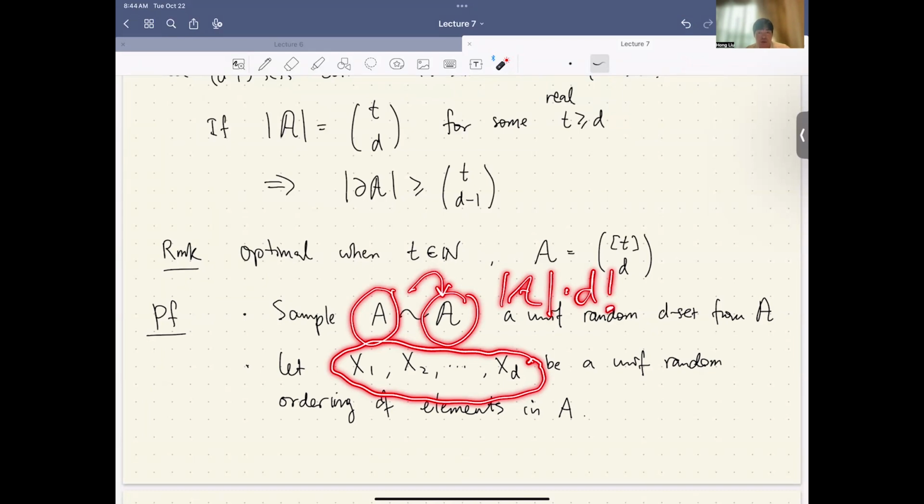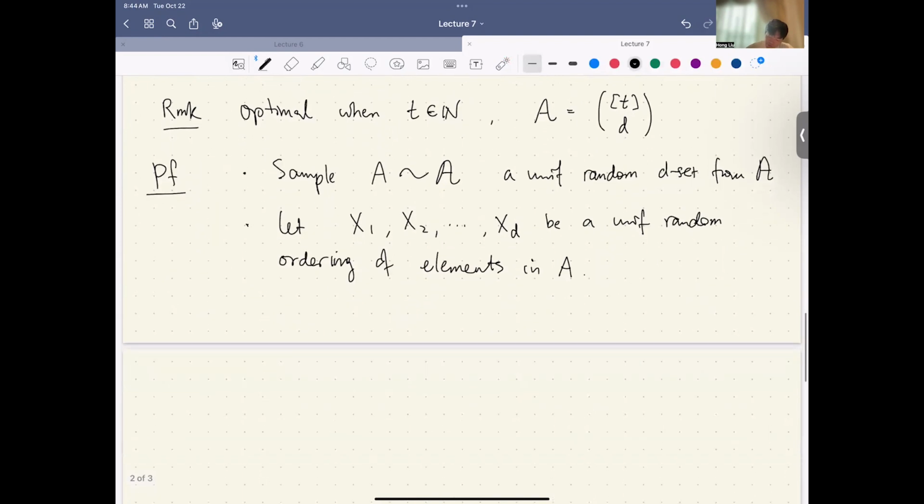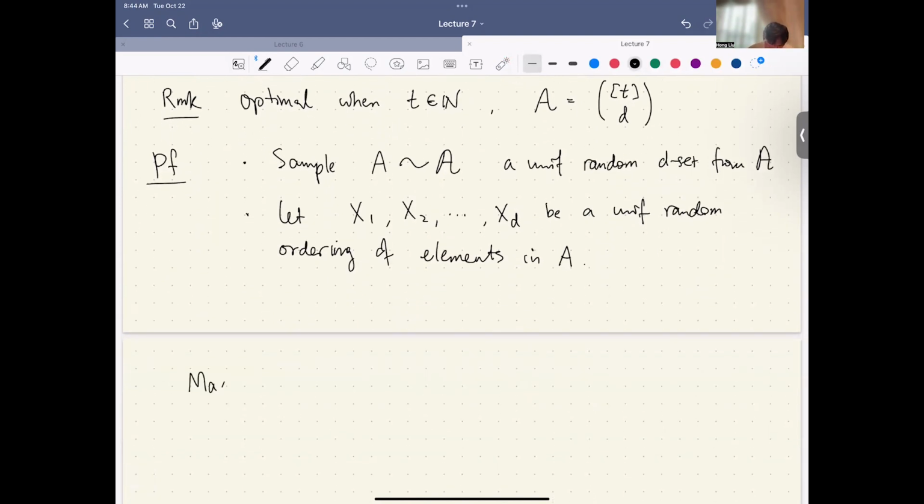So the entropy of this random A is log of d factorial times A. We have by maximality that the entropy of x1 to xd equals log of d factorial times A.